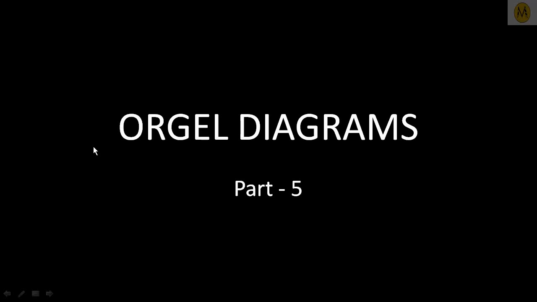This is part 4 of electronic spectra of transition metal complexes, and we are here to discuss the Orgel diagrams. So we have a d1 configuration, 5 d orbitals.